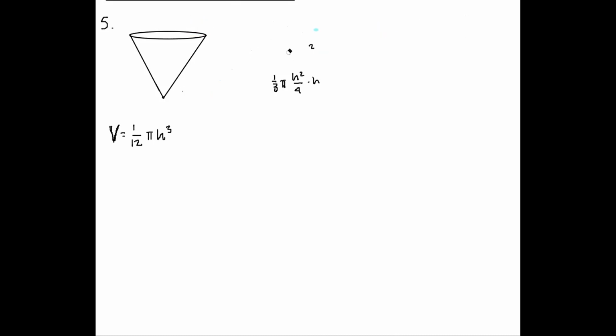Now I can look at what I really care about, which is relating the height of the water to the volume of the water. So let's make a list of what I have and what I want. I guess we're going back to the beginning.